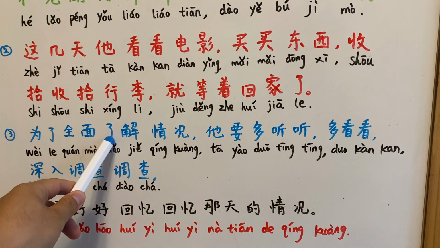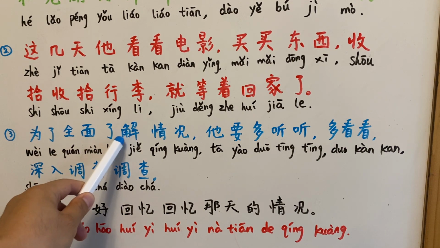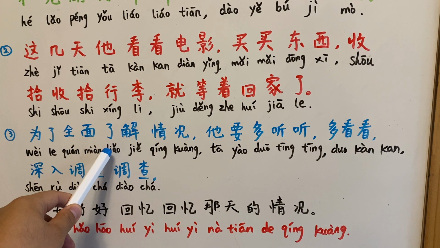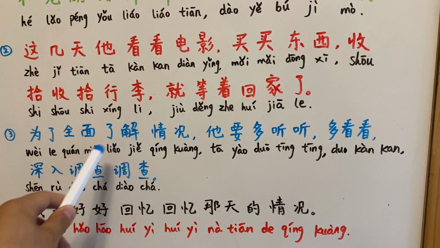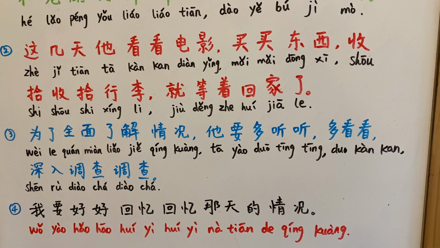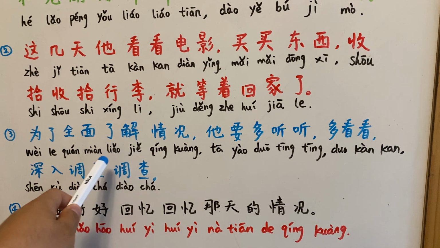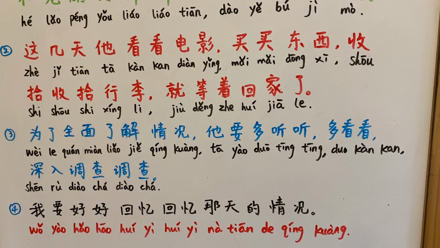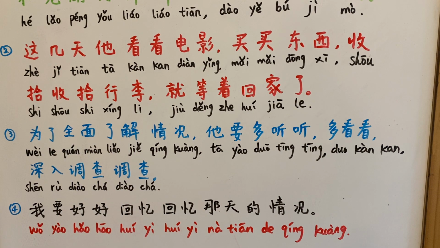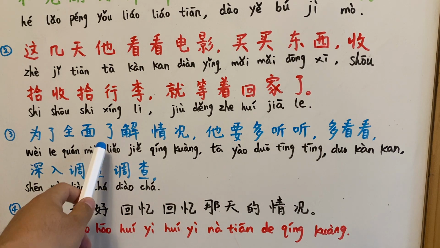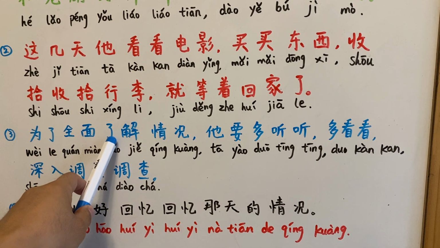For 了解. 了解 here, this is not 了, because this character has multiple pronunciations, 了 and 了. 了解 means to understand, right? 了解 here is the verb in the clause. 全面 is the adverb that modifies this verb.